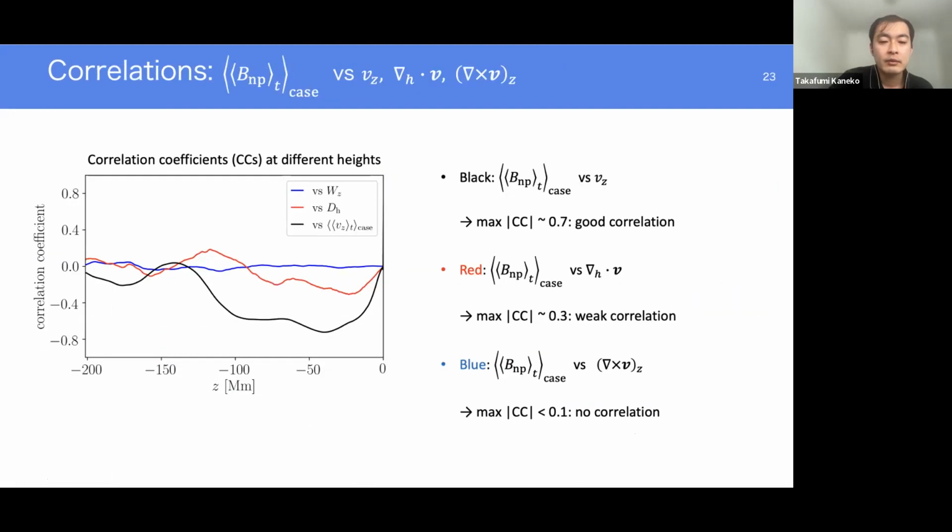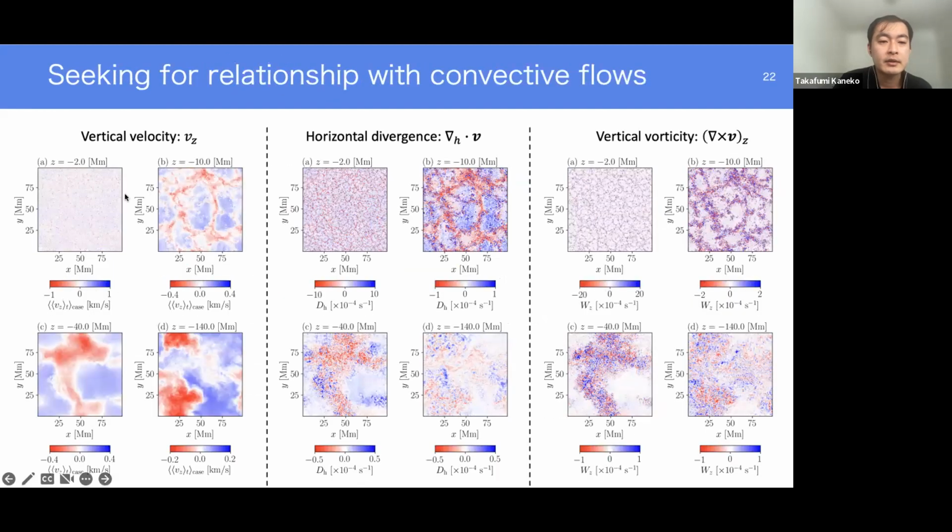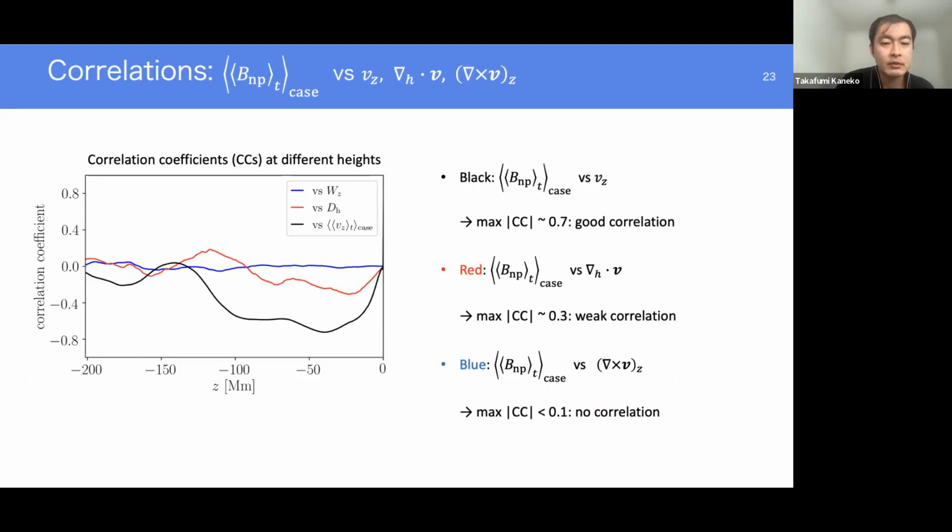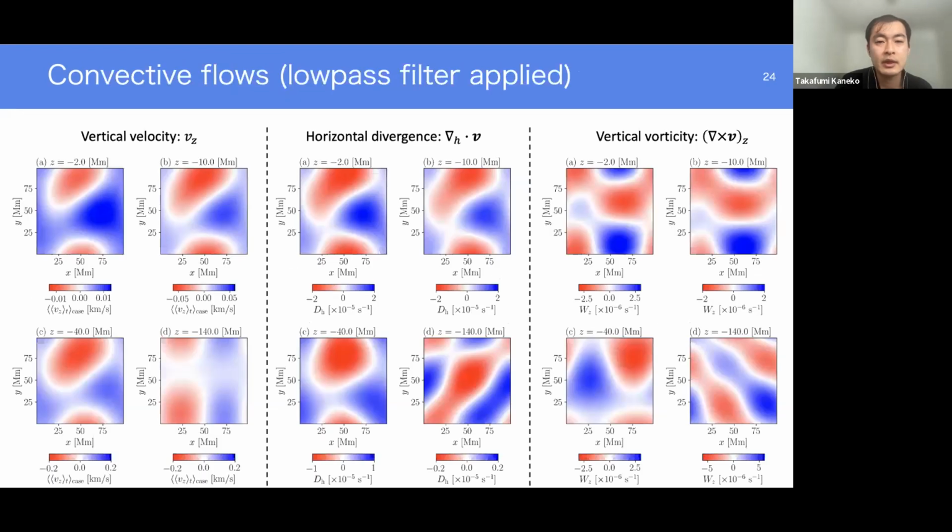And so we also thought that the tiny structure decreases the correlation coefficient. So we try to adapt the low-pass filter.